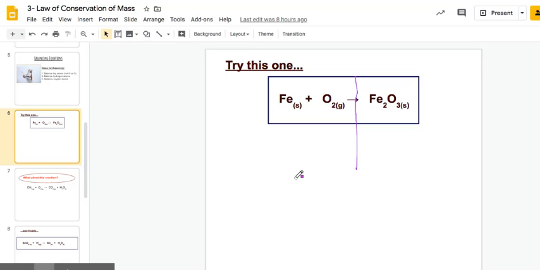Okay, so I am going to count how many irons I have. Oh, that's awfully big. Let's try and erase that again. All right, let's try once more.